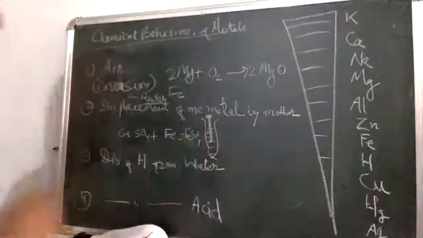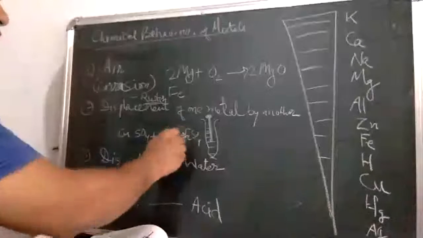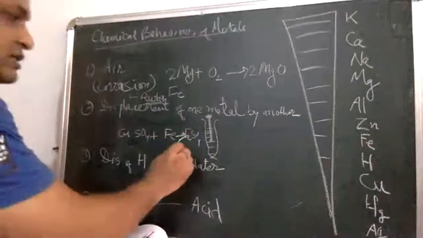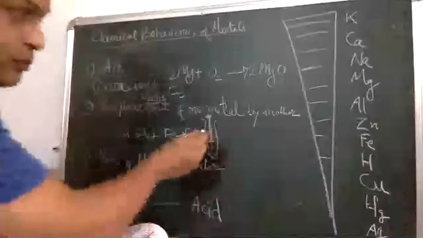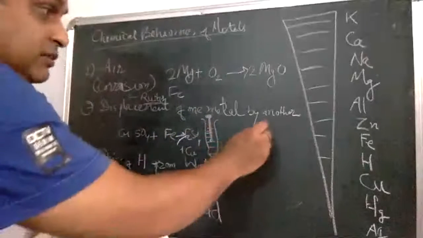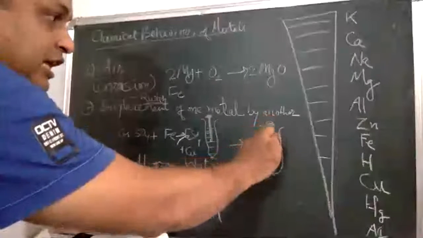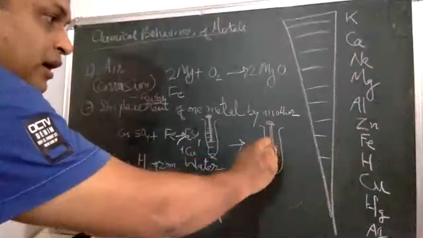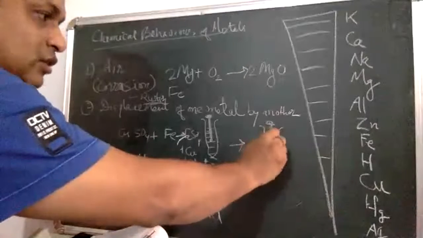So what will happen? Iron will replace copper and make FeSO4. This copper sulfate has now become iron sulfate. Copper is replaced by iron here, and the copper is separated out. After some time, this nail will have some copper deposited on it from this solution.